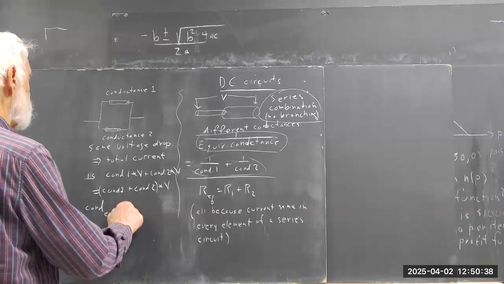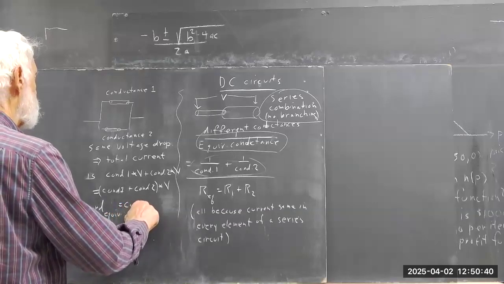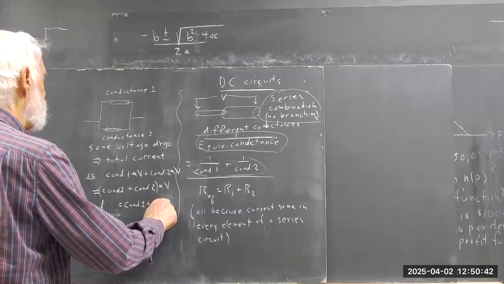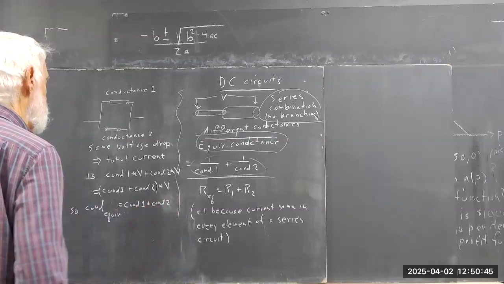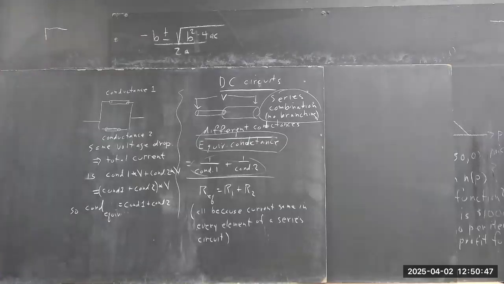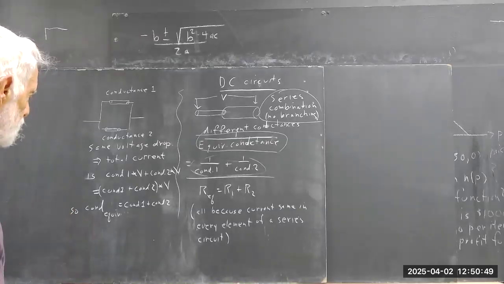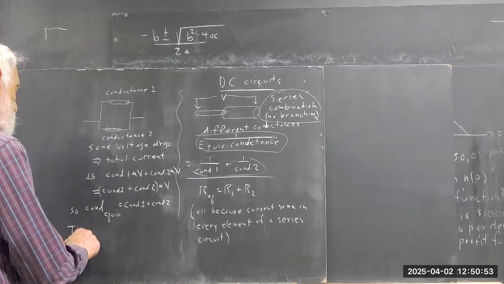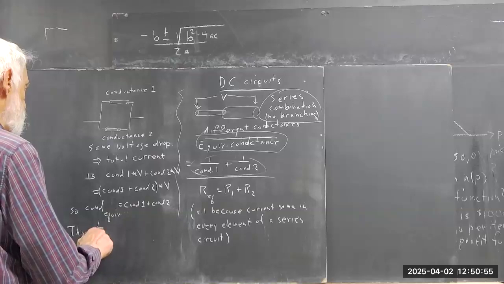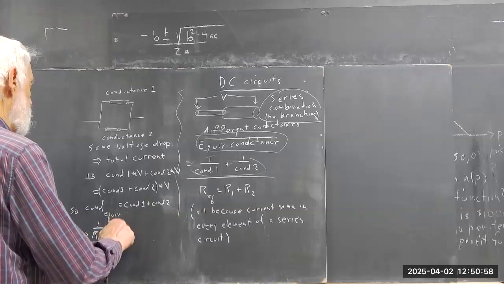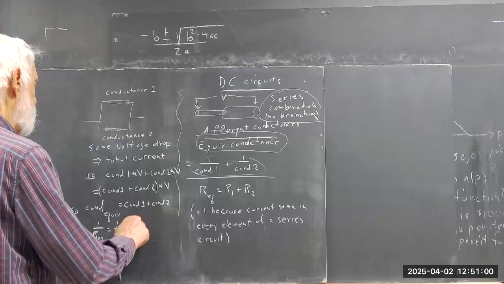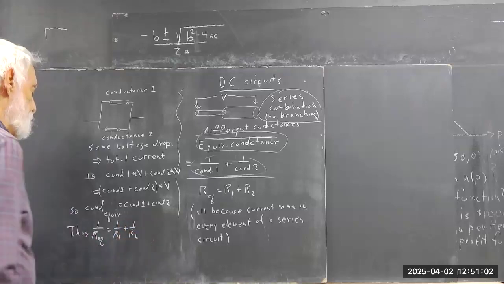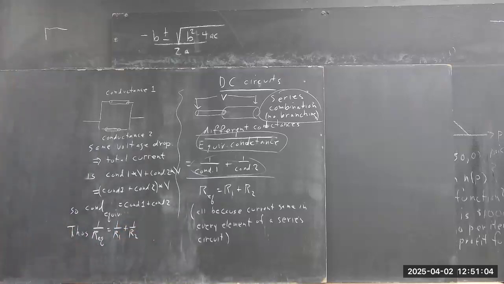So the equivalent conductance is conductance 1 plus conductance 2. Now, step by step, you can think about it. You can also derive this from Ohm's law.